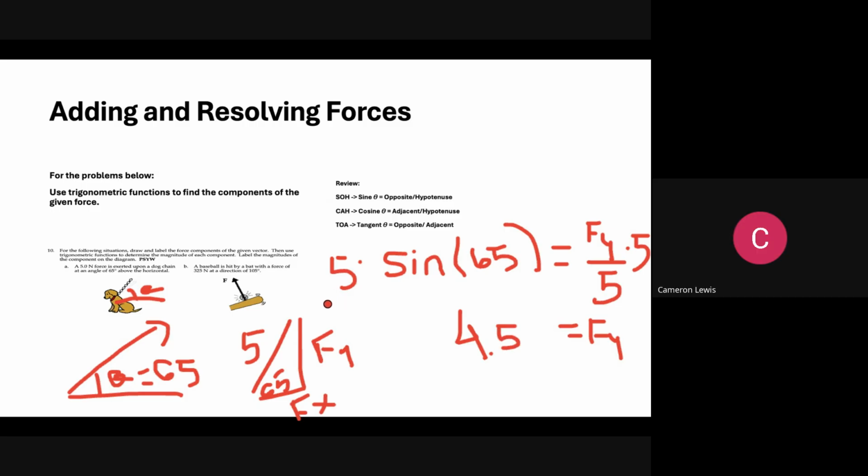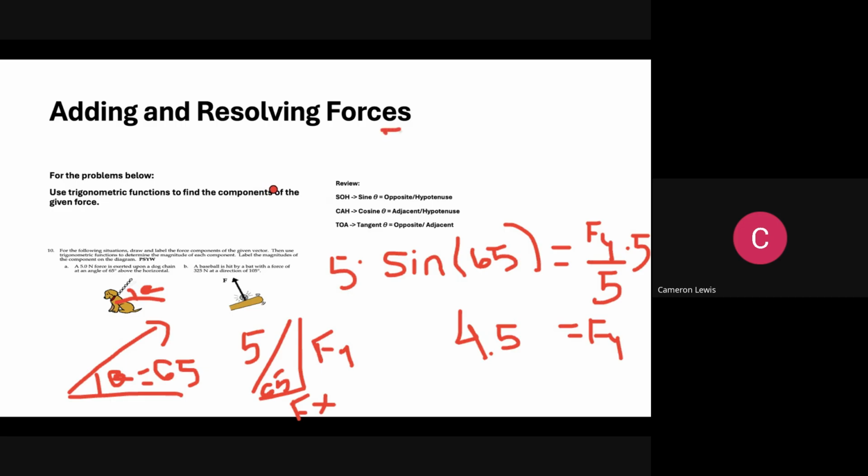Here we go. Now, how would I find out what my x component is? The same way, but with cosine.